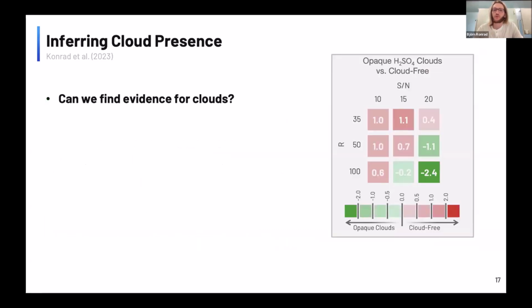Now, the last question I would like to talk briefly about is, can we infer clouds with LIFE? And what I'm showing here is a Bayes factor comparison for the cloud-free versus the cloudy model. And what this basically tells you is, if it's red, it means that the cloud-free model performs better.